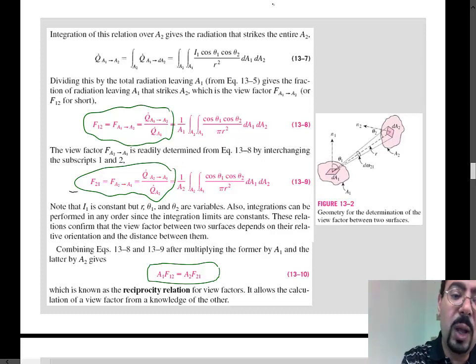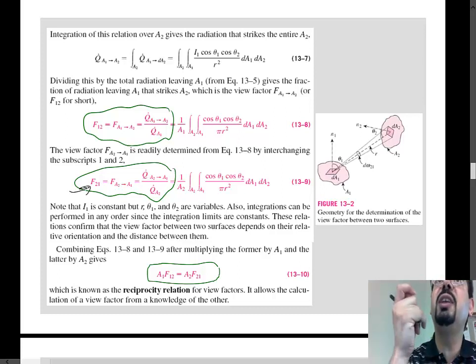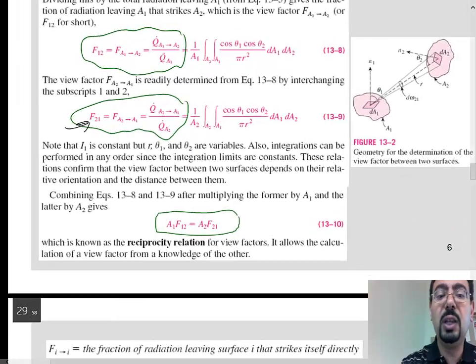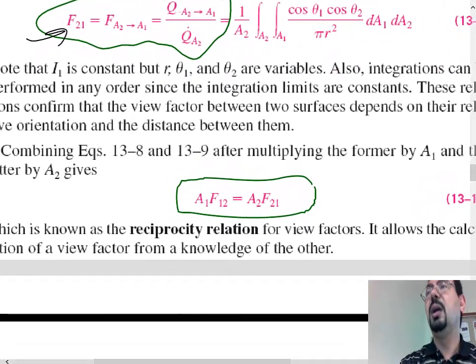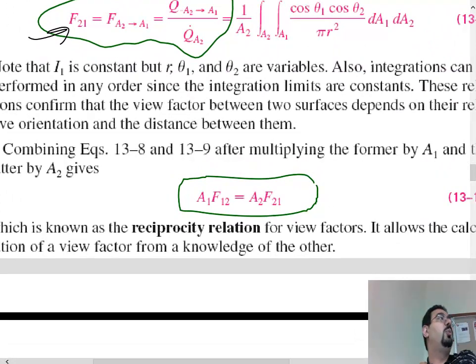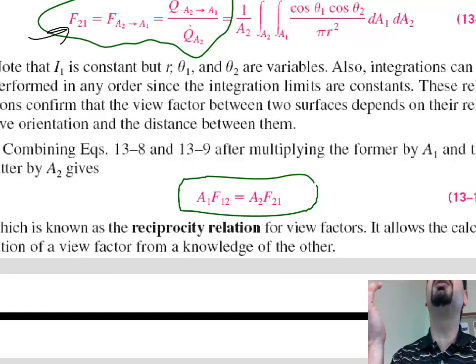And here is F21, the fraction of the radiation leaving 2 and hitting 1. And the relation between them is this. This relation is really very important for solving all problems actually. It's called the reciprocity relation, because it tells you that A1 F12 is the same as A2 F21. So the ratio between F flame to Dr. Salam and F Dr. Salam to flame is basically our surface area ratio.